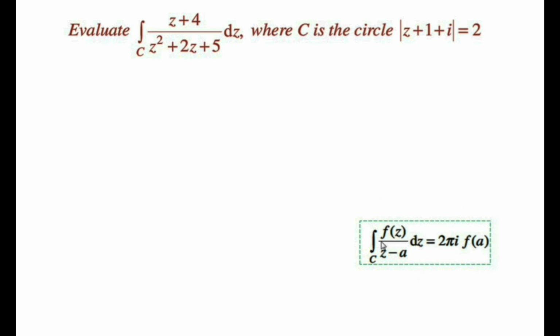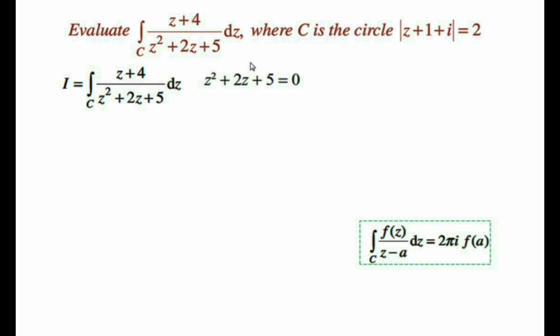Based on this formula, we need to identify what is the function f of z and also what is the point a that lies inside the closed curve C. For this, let us assume that the integral over C of (z plus 4) by (z square plus 2z plus 5) dz is I. To get the singular points, we make the denominator 0.